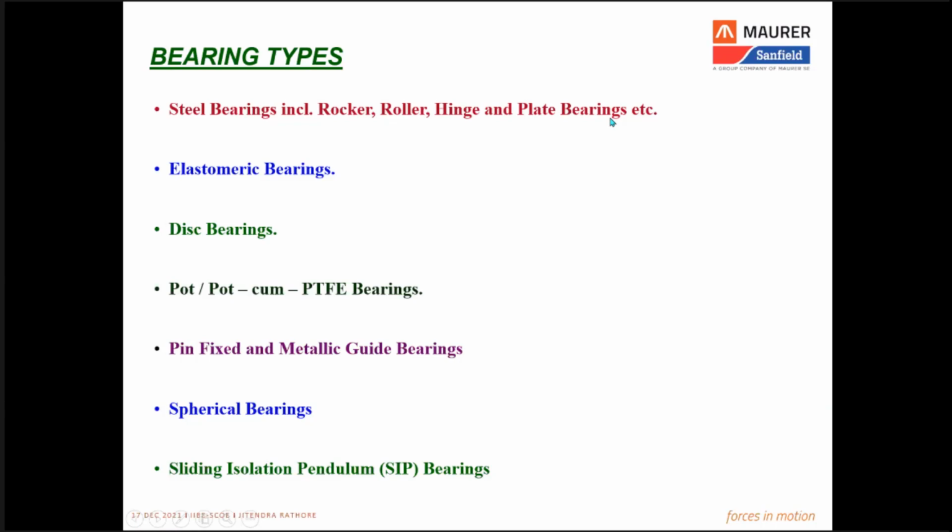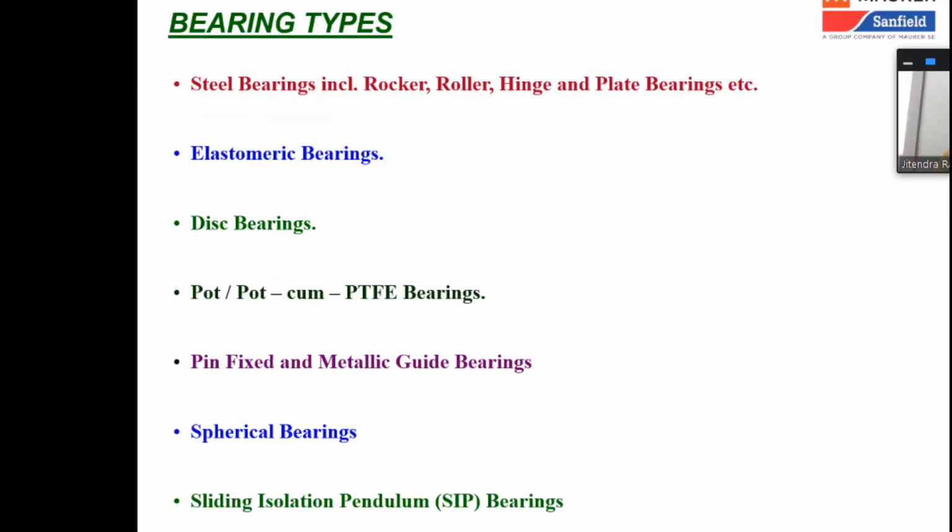We can also say that these are the very first or the initial type of bearings which are used in the bridge structures or which were used. Then came the elastomeric bearings. These are rubber based products. Then we will also briefly go through the disc bearings in the discussion. We will also see pot and pot cum PTFE bearings, which are quite popular bearings in our country also.